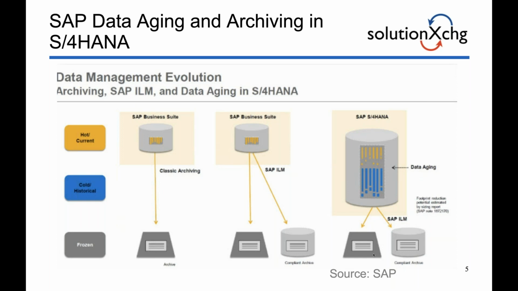What is really new is that you have data aging as well. So within S/4HANA, you don't have to offload the data as fast as you do today to the archive.